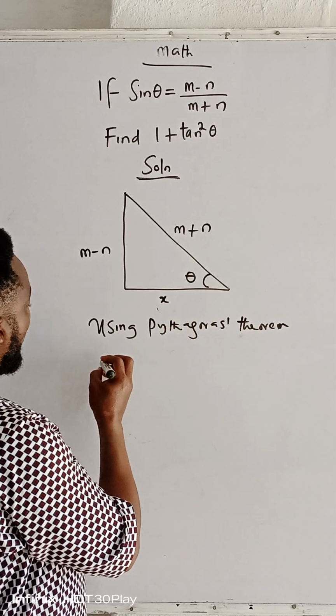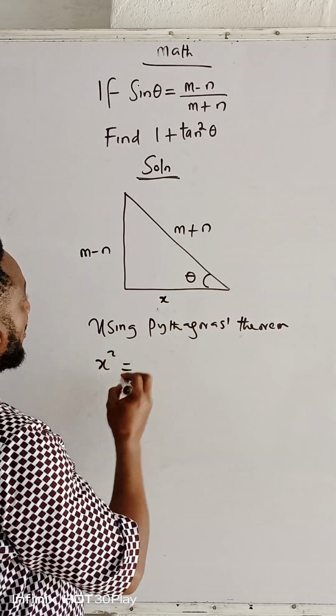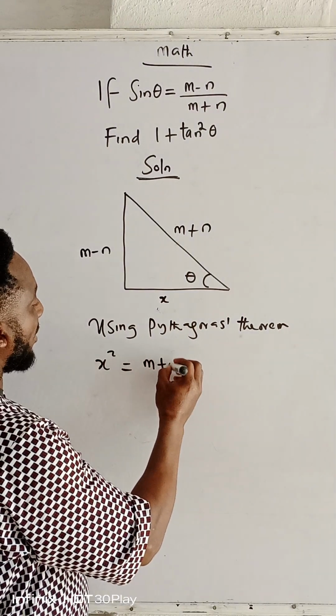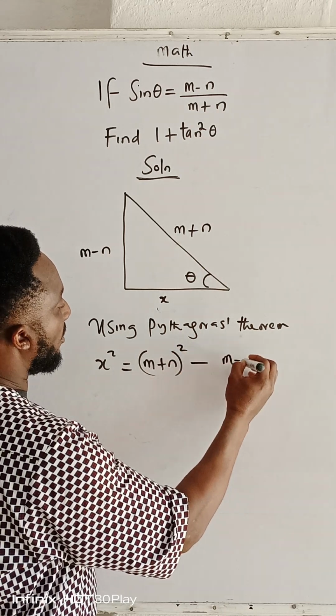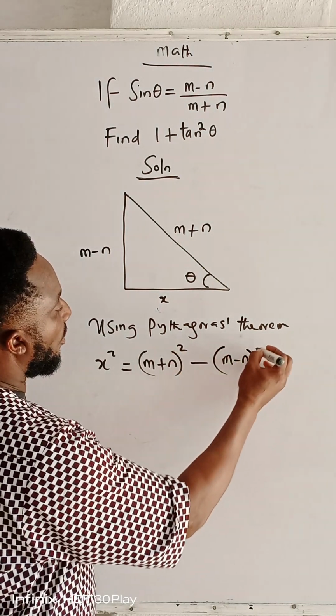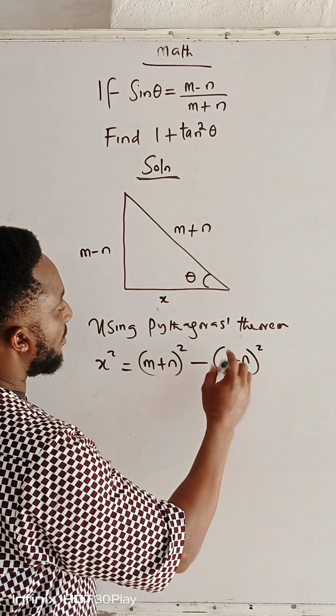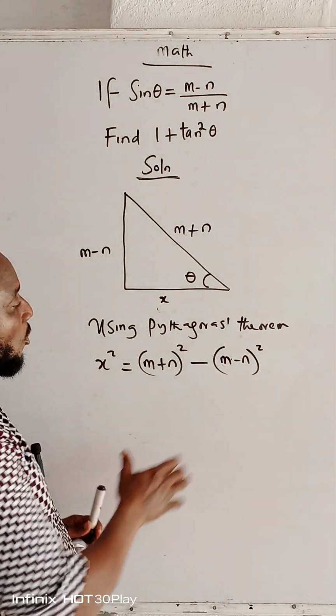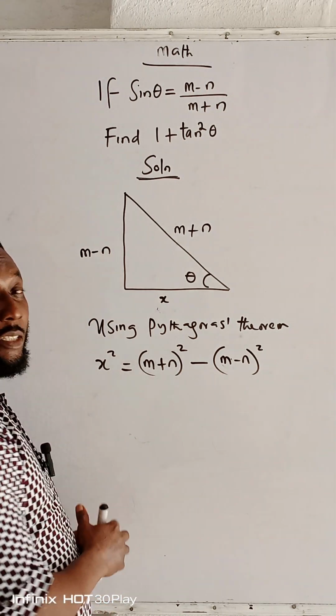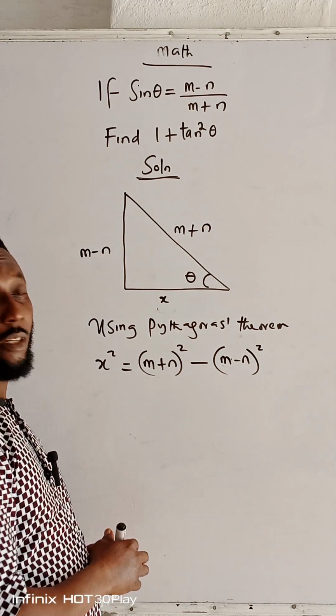so the value of s becomes m plus n all squared minus m minus n all squared. As you can see, what we have here is a difference of two squares.